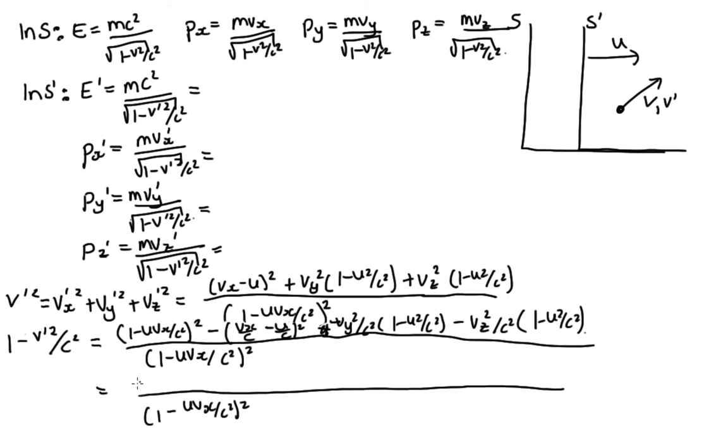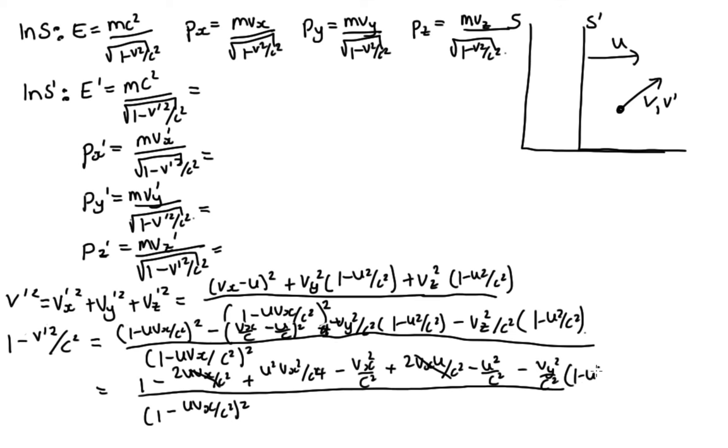So expanding this, we've got 1 minus 2u vx on c squared plus u squared vx squared on c to the 4, because we're squaring it, minus vx squared on c squared plus 2 vx u on c squared, and this term will cancel this term, and then we've got minus u squared on c squared. And then we've got the minus vy squared on c squared, 1 minus u squared on c squared, minus vz squared on c squared, 1 minus u squared on c squared.